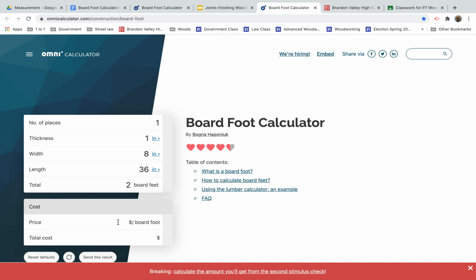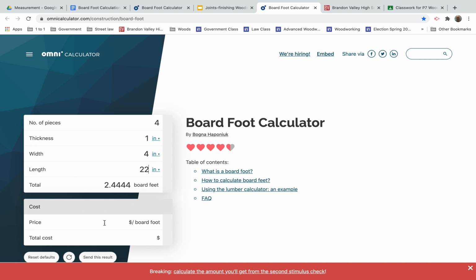Let's say the cost of that particular board is $2.50 per board foot. Then it would cost you $5 for that board. This makes it really simple. If we were doing a shelf, let's say something where we needed 4 boards, 1 inch is our thickness, 4 inches wide, and let's say they were 22 inches long, it's 2.4 board feet.